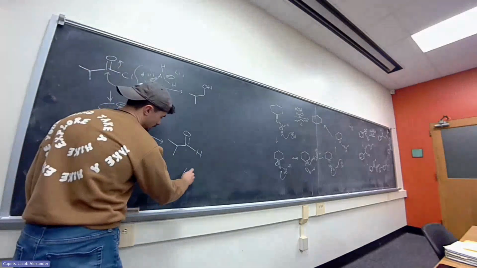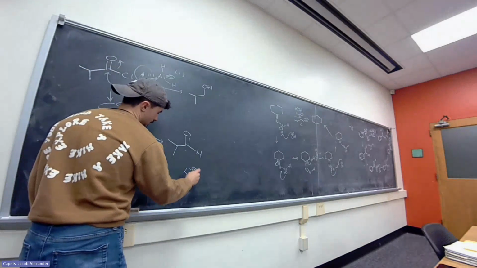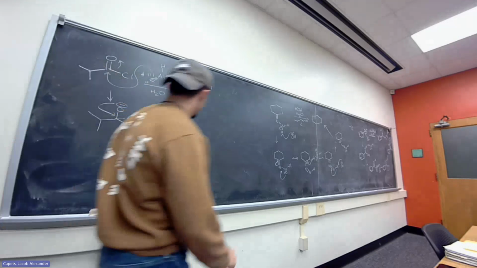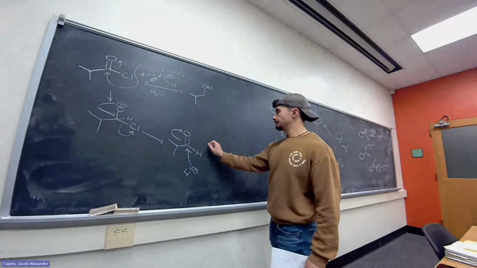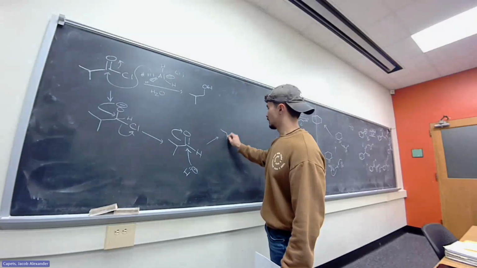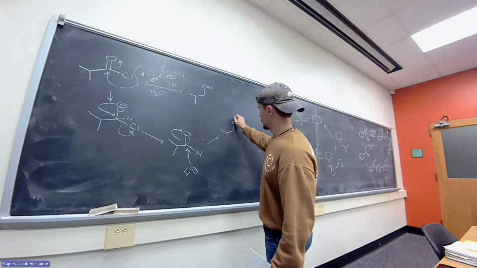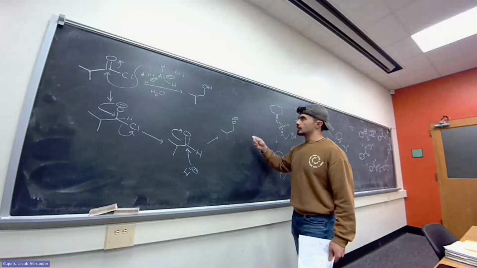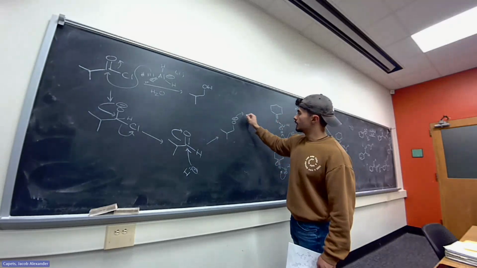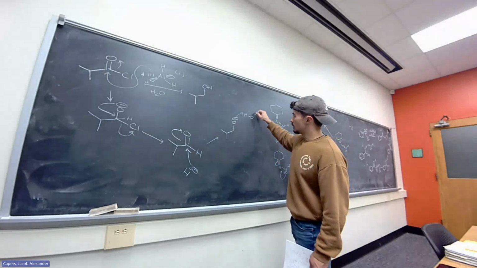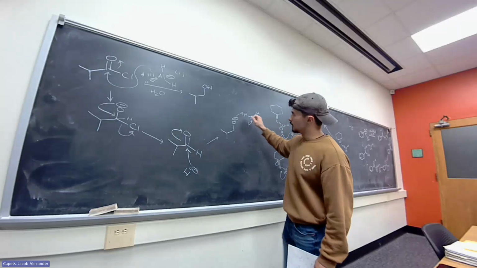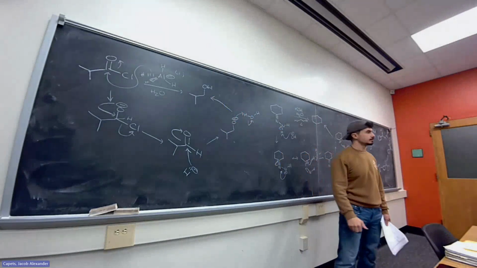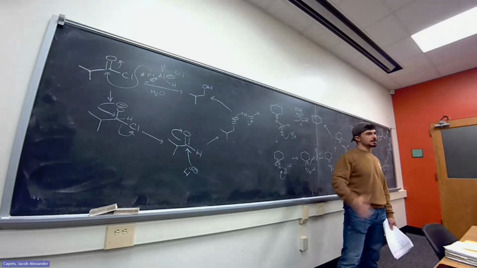And then we'll show another hydride coming in, attacking the carbonyl again. Two H donors, don't worry about those. And then protonate with water in the workup. So two hydride donations.